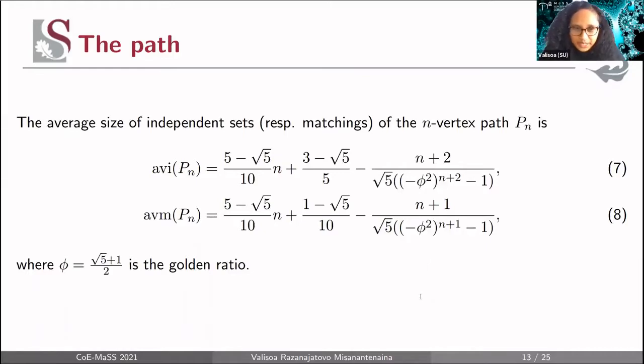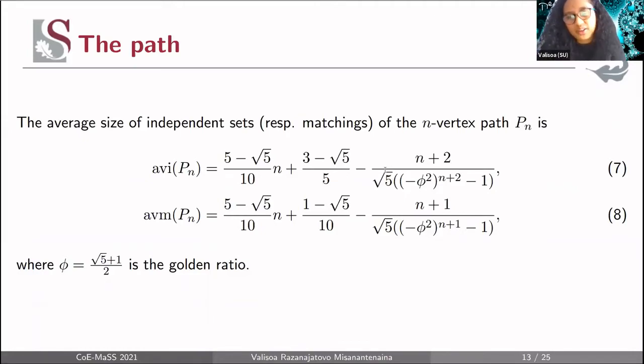And if we use that information, we can have a general formula, and then we had this formula for the average size of independent sets of a path. So we have a linear term, 5 minus square root of 5 over 10 times n, plus a constant, and some, let's say, extra term or error term, because this term, when n tends to infinity, will definitely go to 0.